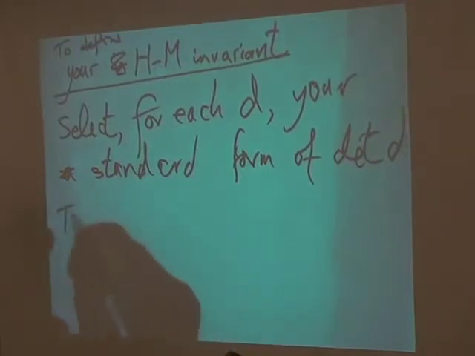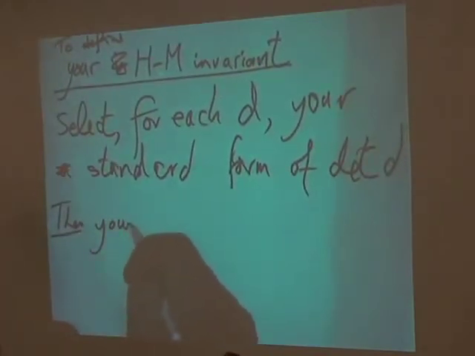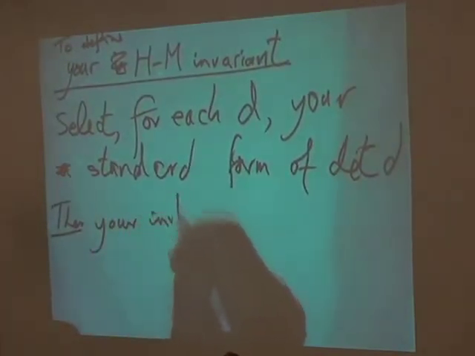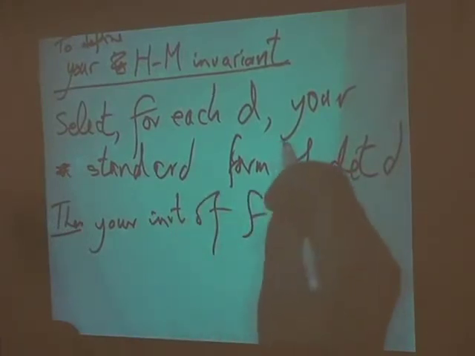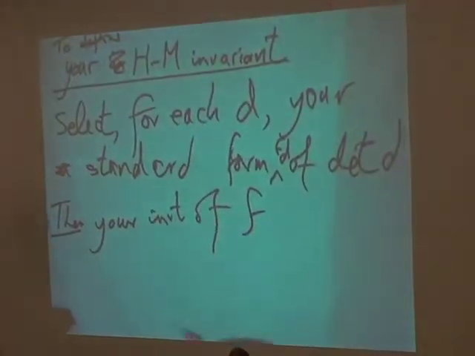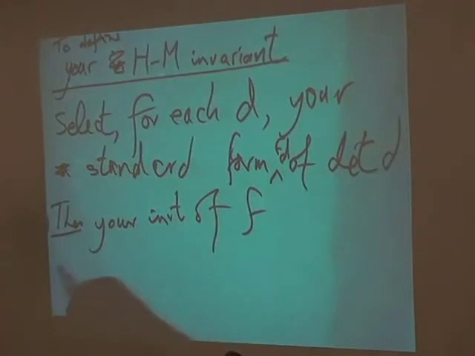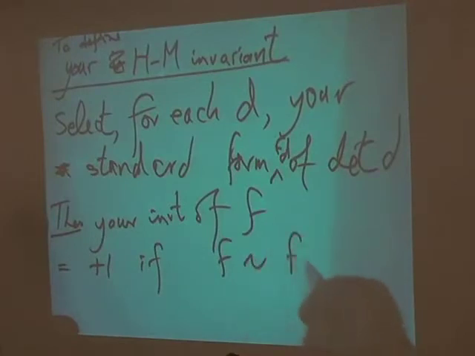Then your invariant of f, let's call this standard form f sub d of determinant d, is plus 1 if f is equivalent to your standard form, p-adically equivalent. This is really Q_p equivalence, and minus 1 if not.